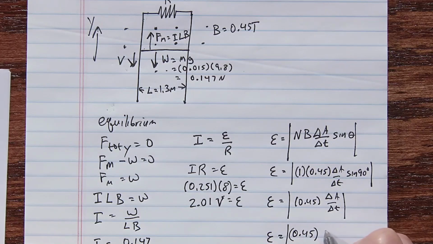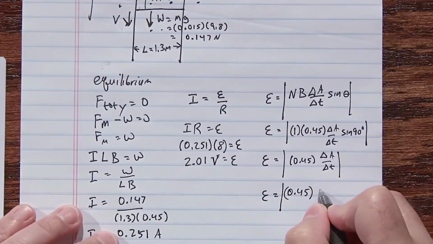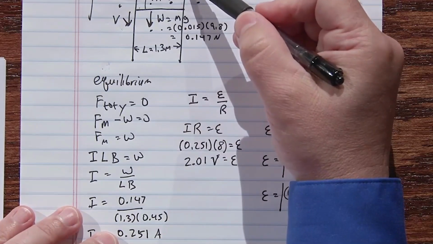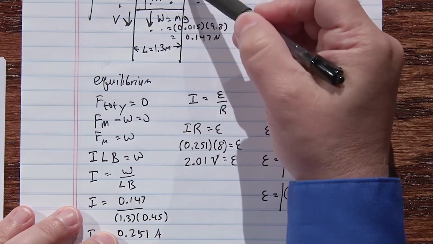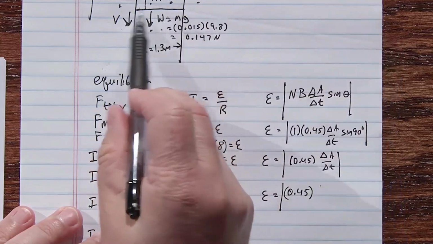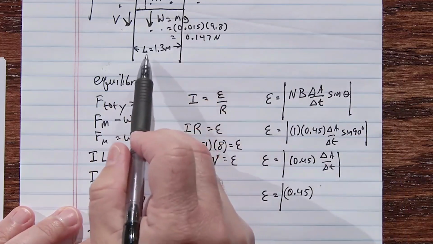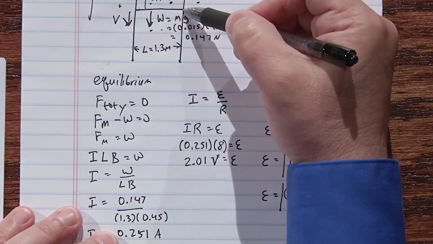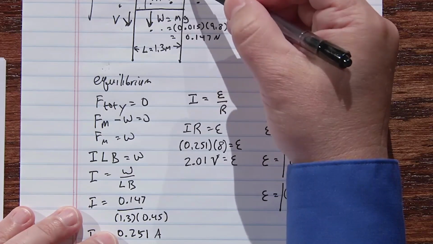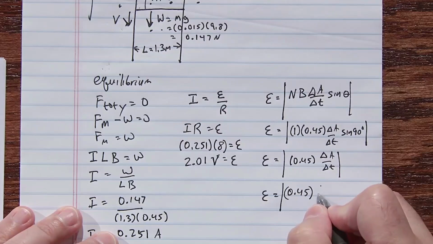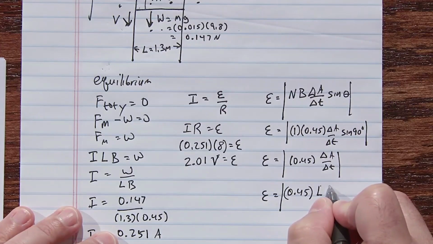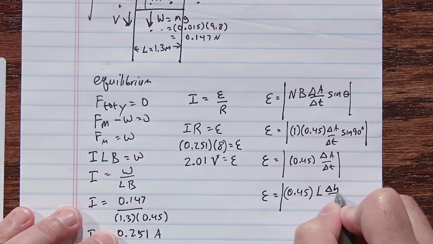Well, actually, I'll expand that just a little bit. The change in area is equal to the change in the height of the loop times the width of the loop. The width of the loop is L, and the change in the height of the loop over time, so I'll write that as L, which is the width of the loop, times the change in the height of the loop over time.